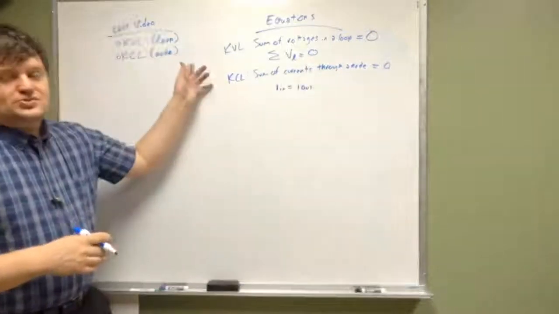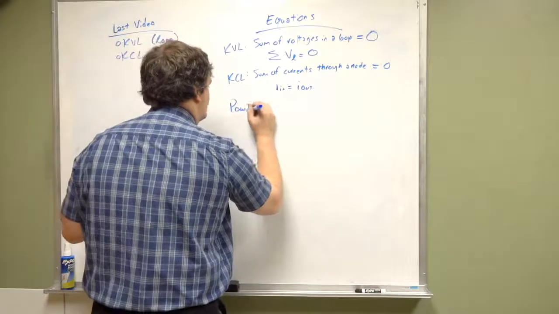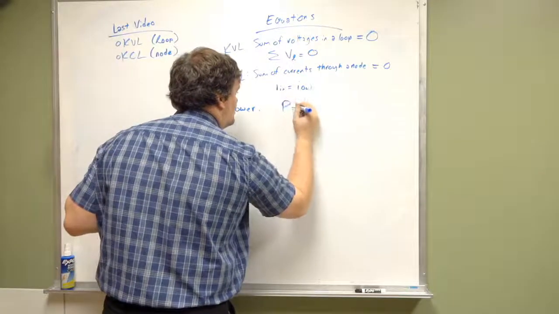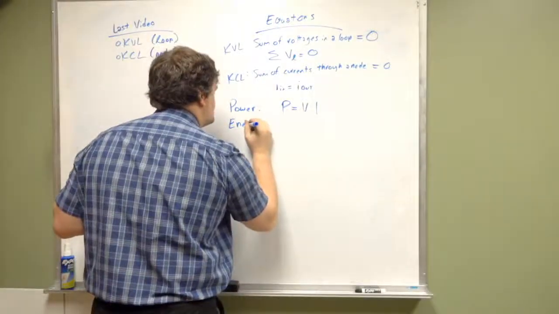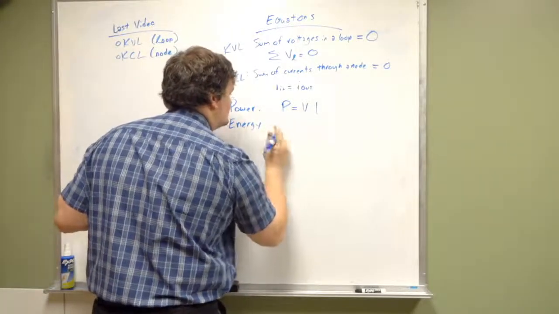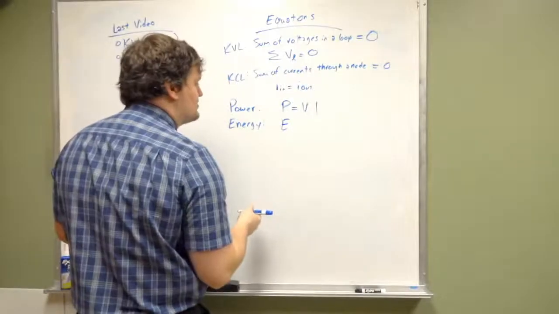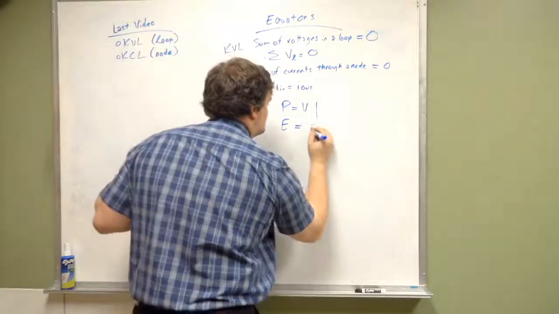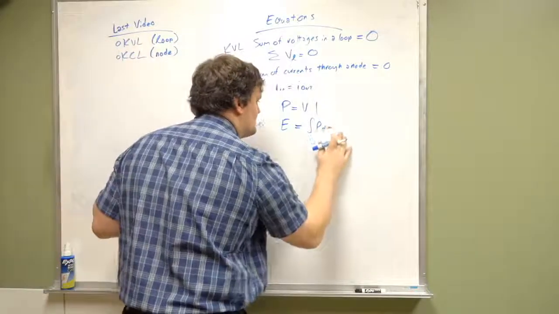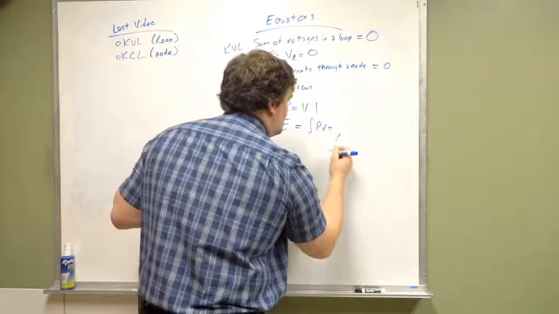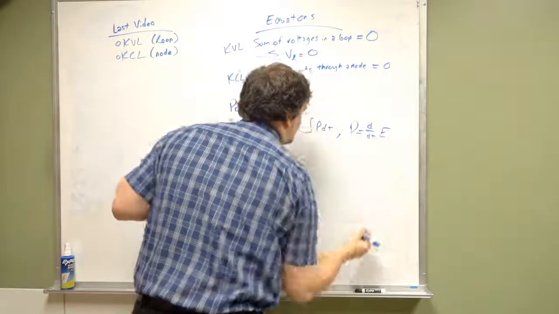Now, these 2 equations work well with our equation for power. Power, P equals VI. That's another good equation. Our equation for energy, E, is equal to the integral of power with respect to time. Or on the other side, power is equal to the time derivative of energy.